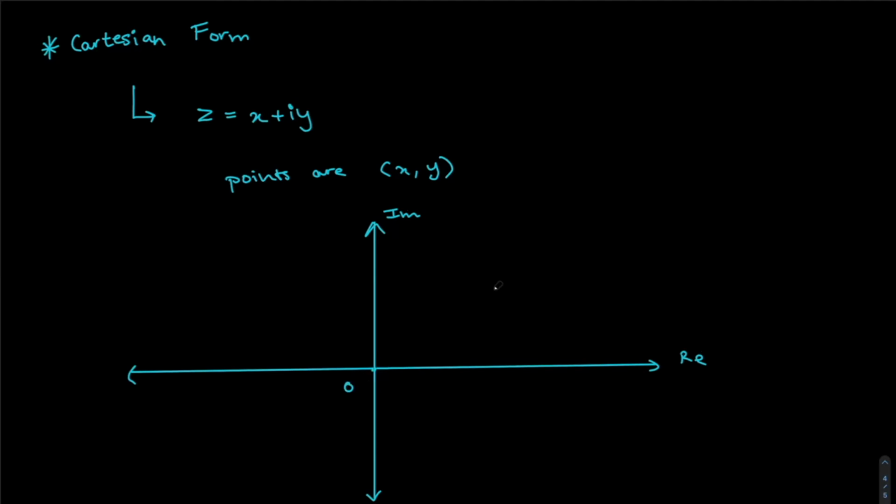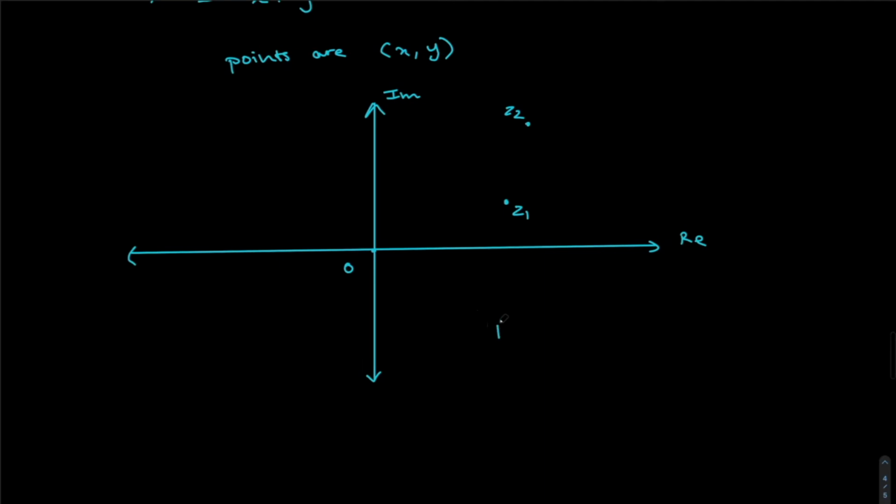Now if I have 2 points, suppose point z1 here and z2 here, just note that you can't decide which point is bigger, right? Complex numbers are just representing points on the Argand plane. They're not telling which one is bigger. So you can't compare z2 and z1 in terms of size. Okay, so let me just make a note here, right?